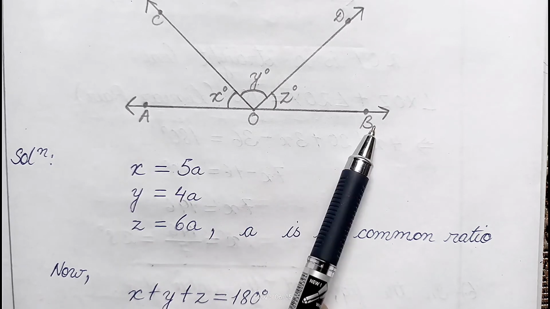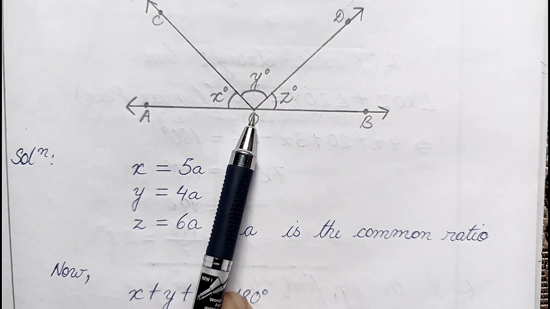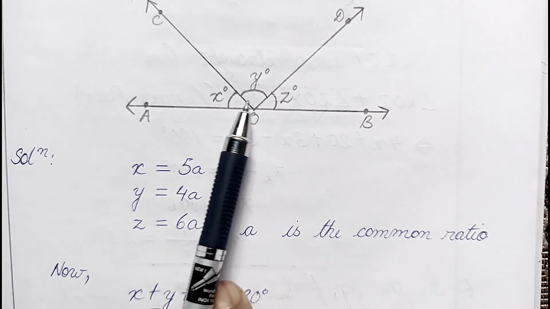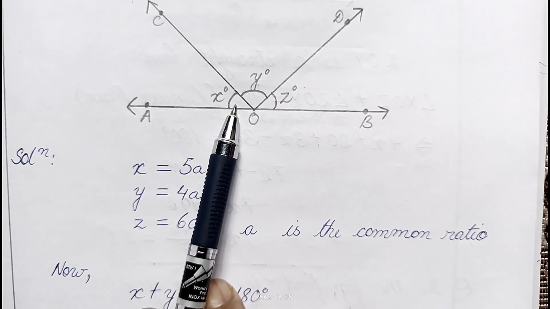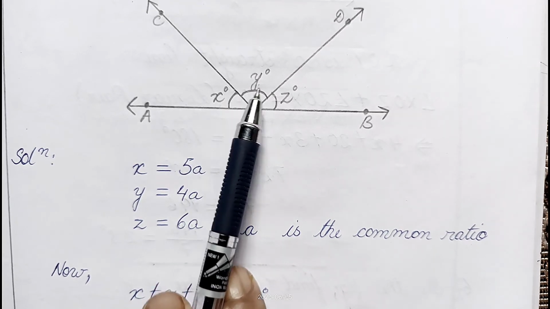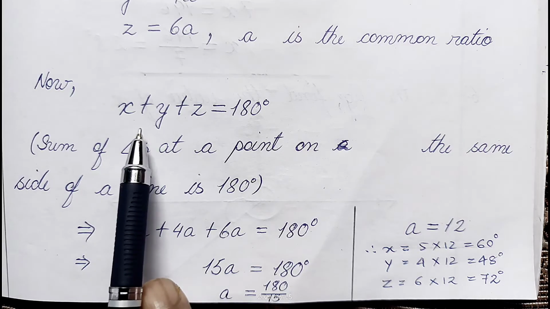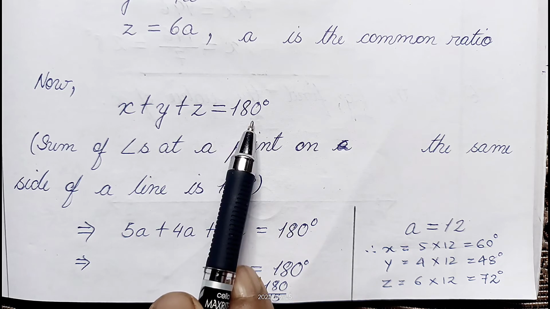Now AOB is a straight line, and O is a point on it, and we know the sum of all the angles formed on the same side of a line at a point is always 180 degree. So x plus y plus z, the sum of these three will be 180 degree.